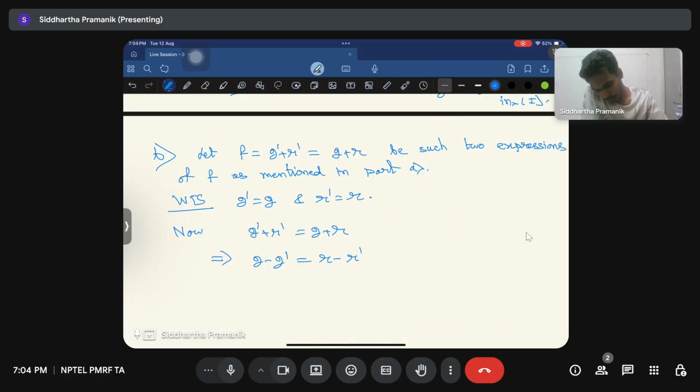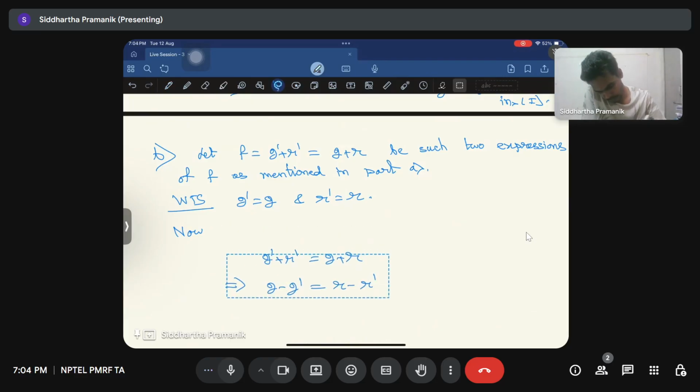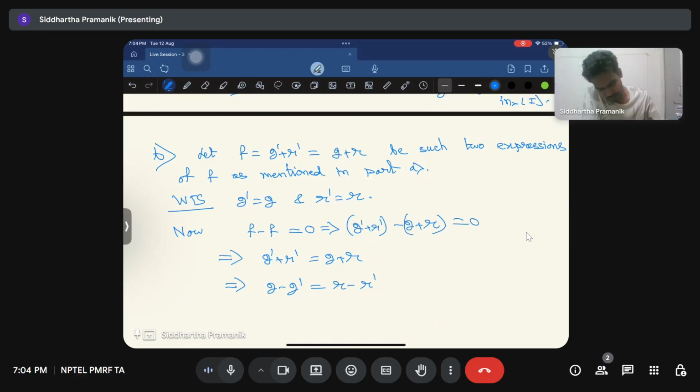What I am doing is basically F minus F equals 0, so that implies this equality.